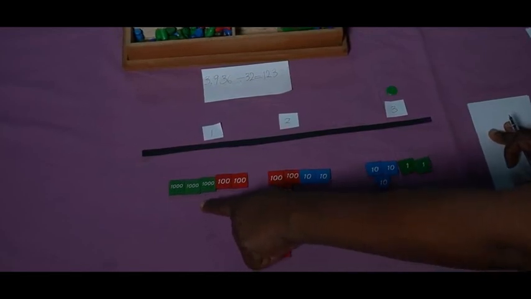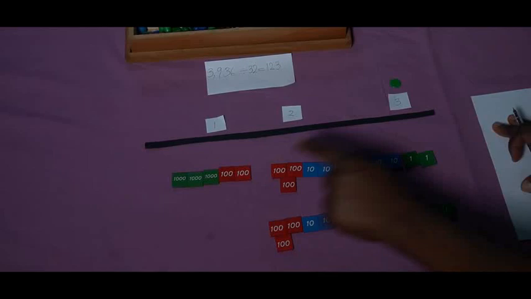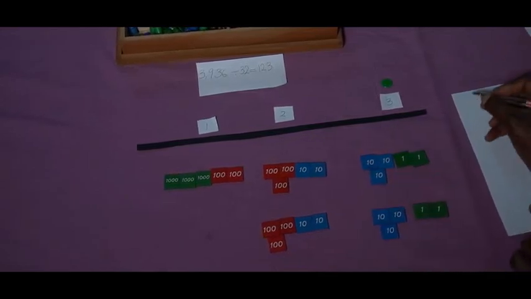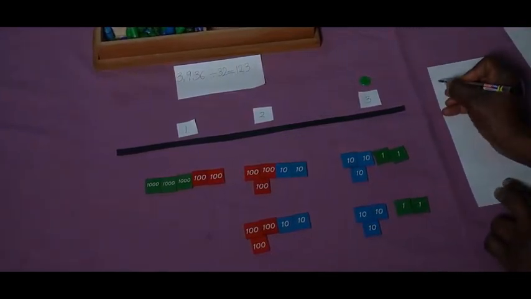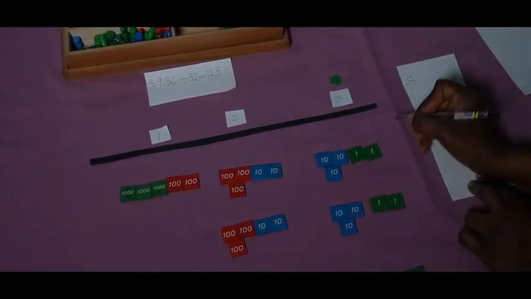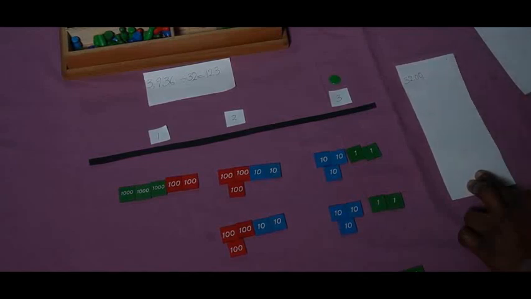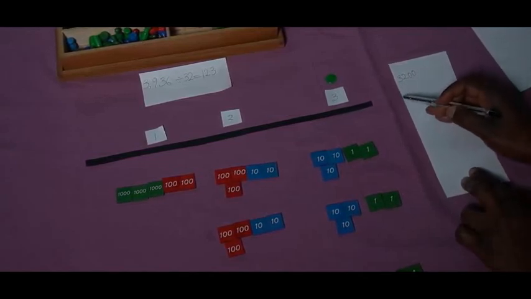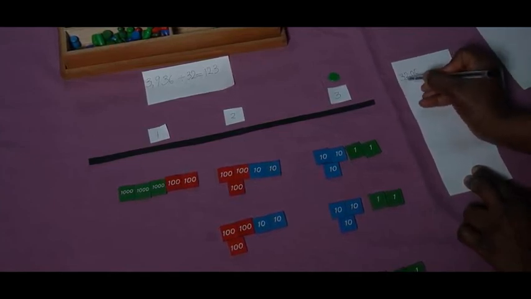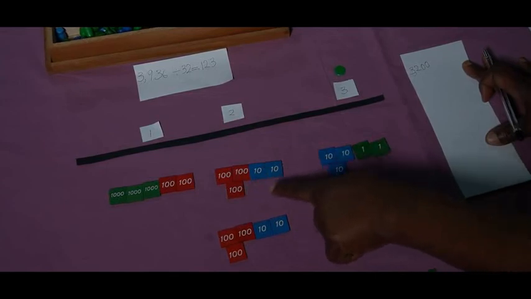Now here I have just one group of 32 hundreds. 32 hundreds means we have 2 zeros. So 32 hundreds is the same thing as 3,200. Then we come to the tens category. We have 32 tens.